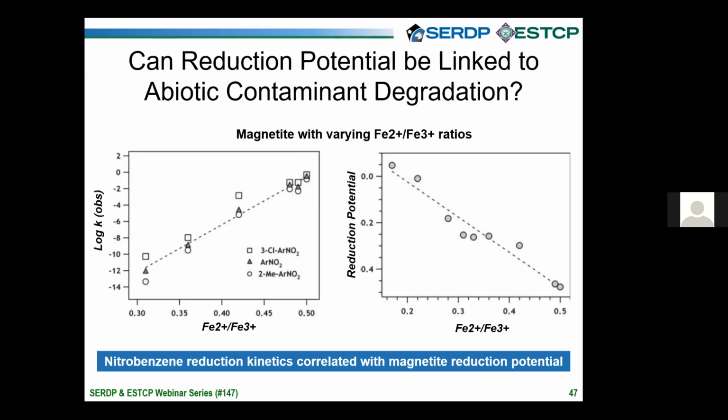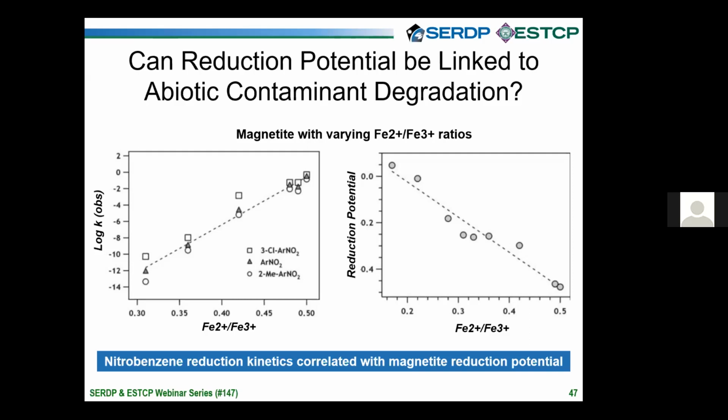It shows that both the nitrobenzene reduction rate constant, on the left, and the magnetite reduction potential, on the right, had linear correlations with the iron 2 to iron 3 ratio. This suggests that the reduction rate constant of nitrobenzene and the mineral reduction potential also form a linear correlation. So this indicates that the reduction potential of minerals can potentially serve as a useful indicator for abiotic contaminant degradation.